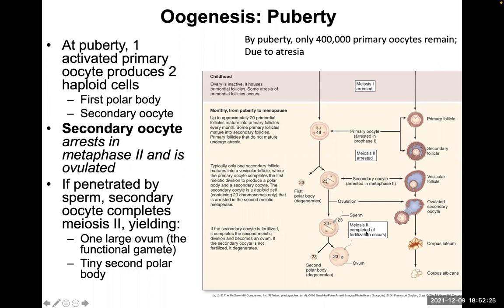And when it finishes meiosis inside, and this picture is a bit misleading because this is all happening inside the zona, or within the zona pellucida, deep to the zona pellucida within the secondary oocyte. What happens when the sperm penetrates is it causes a chemical reaction by which that oocyte finishes meiosis 2, right?